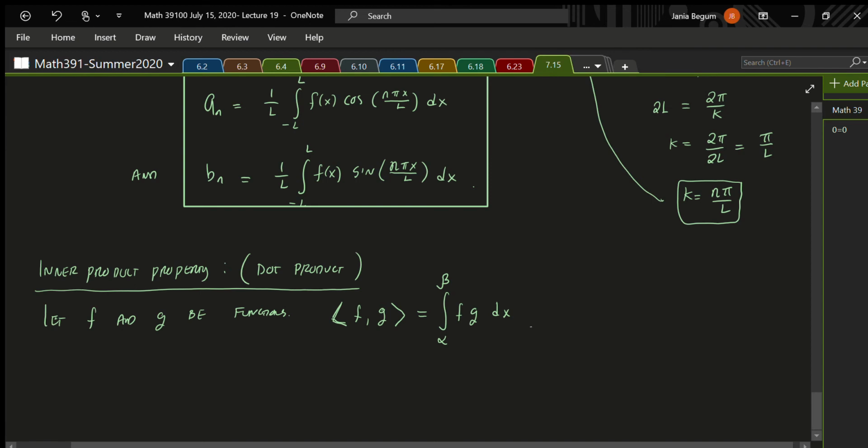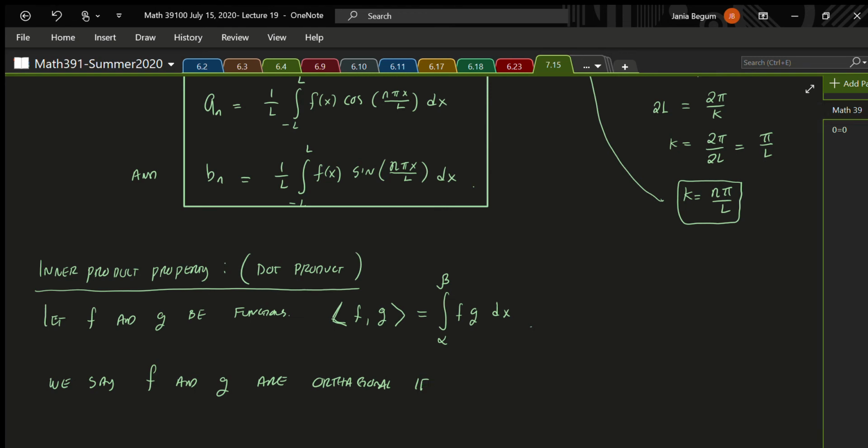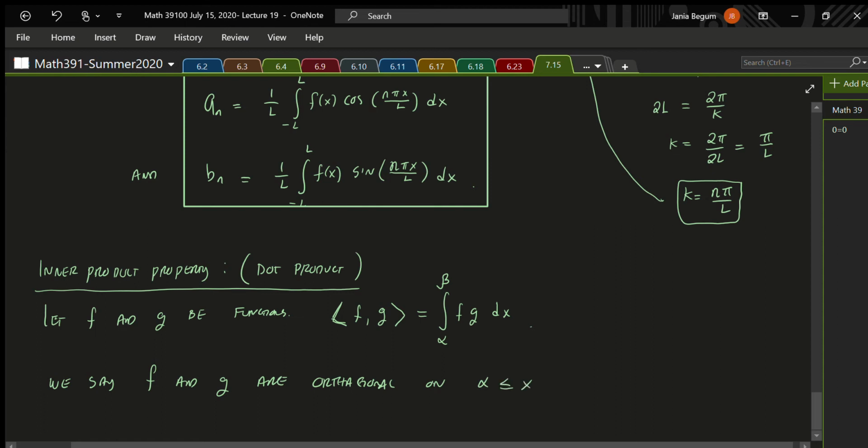So we say that f and g are orthogonal on the finite interval alpha to beta if their inner product, or dot product, same thing, is 0.